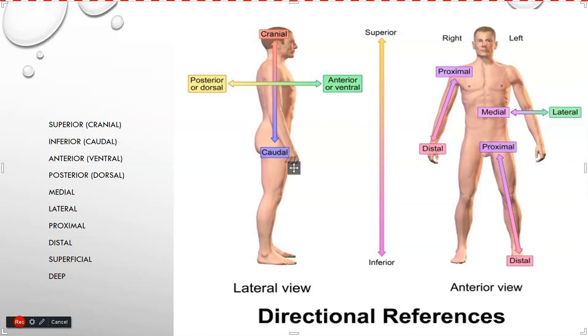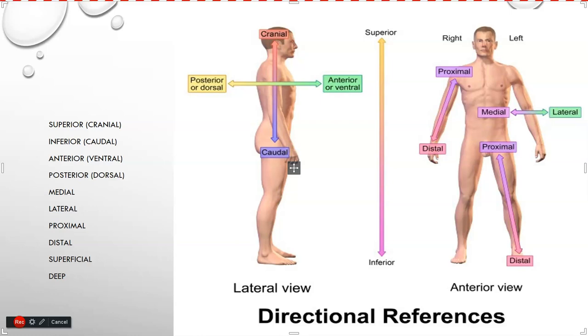Superior is moving to the top or above. Inferior is moving down or a relationship of below. For example, the nose lies superior to the mouth. Conversely, you could say that the mouth lies inferior to the nose.